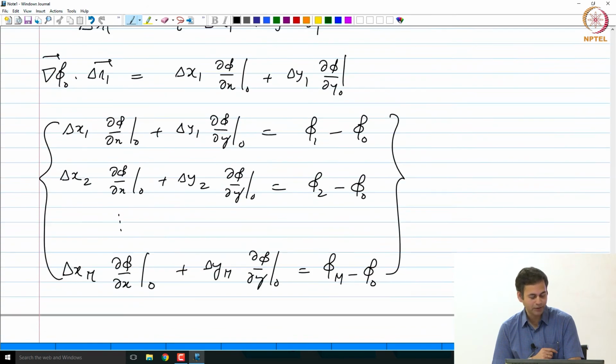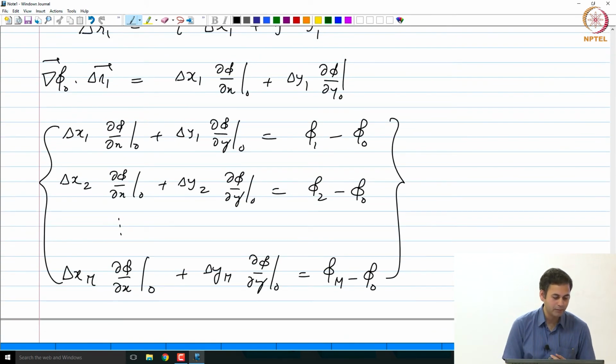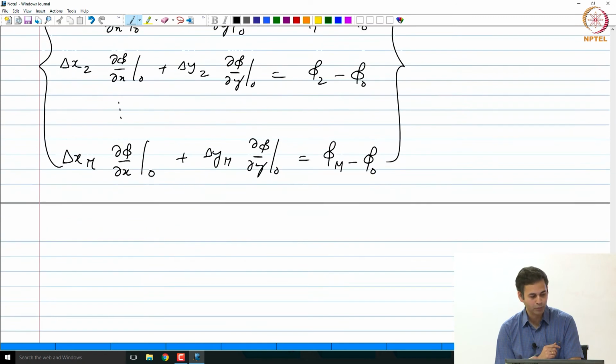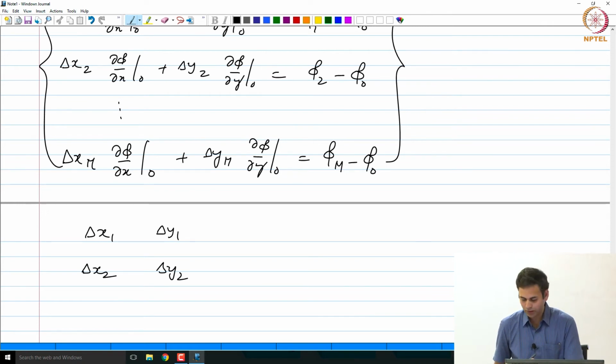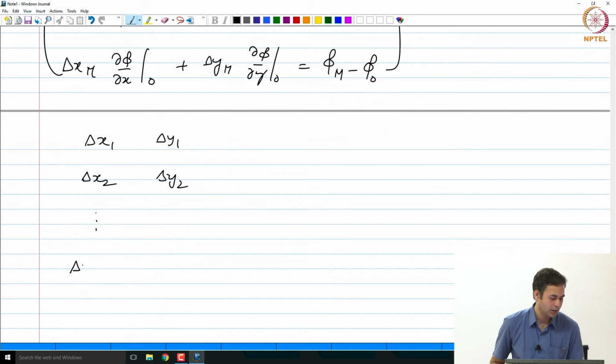So, that means if I were to write this in a matrix form, can I write it in a matrix form? How many equations do I have? M equations. So, how many rows should my matrix have? M rows, and what are the coefficients? Delta x1, delta y1, delta x2, delta y2 and so on, delta xm, delta ym.